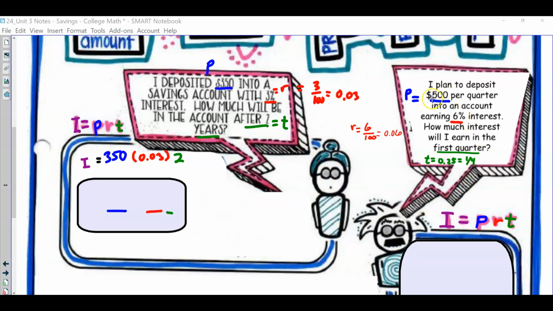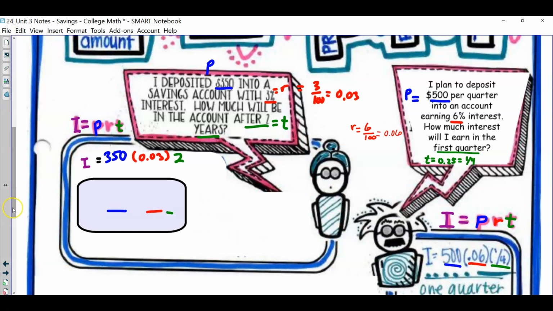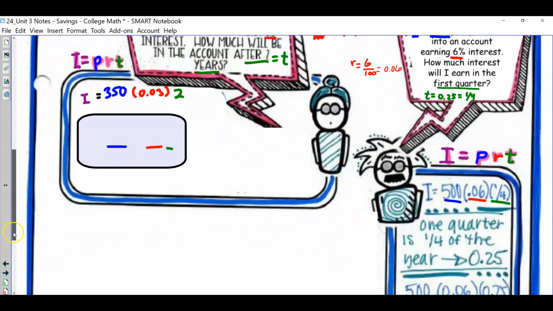If you saw 500 as P, 6%, don't forget this was 0.06, and they use the word quarter, which you guys know means 25 cents, but also as a decimal we could write 0.25 and rewrite it as a fraction, meaning 1 over 4. So if you got this one, this was the tricky part, and Mr. Einstein over here put in the numbers into the interest formula.